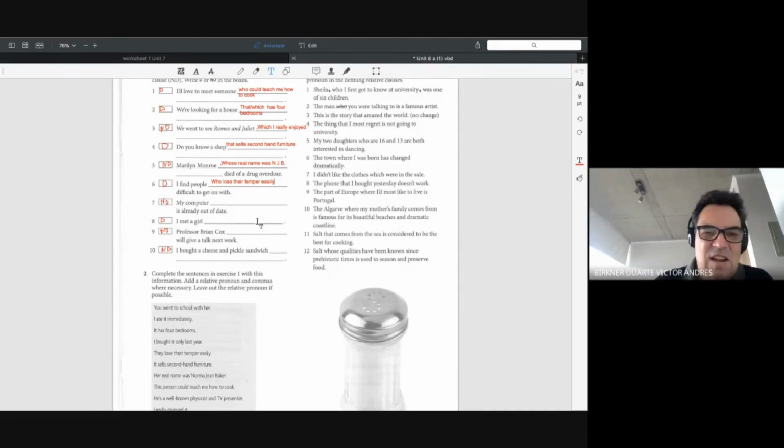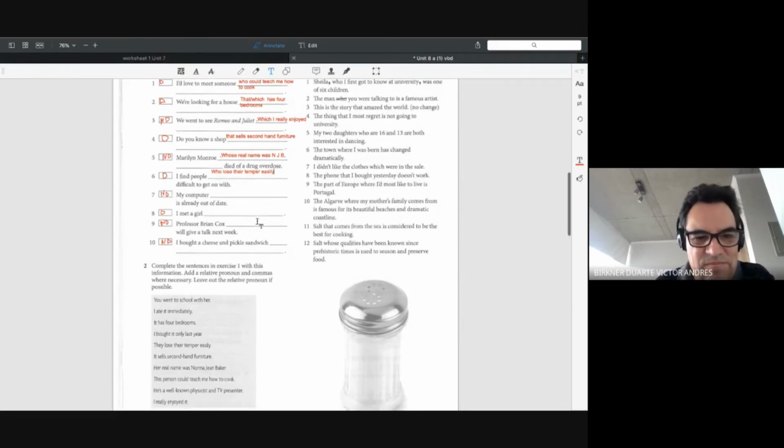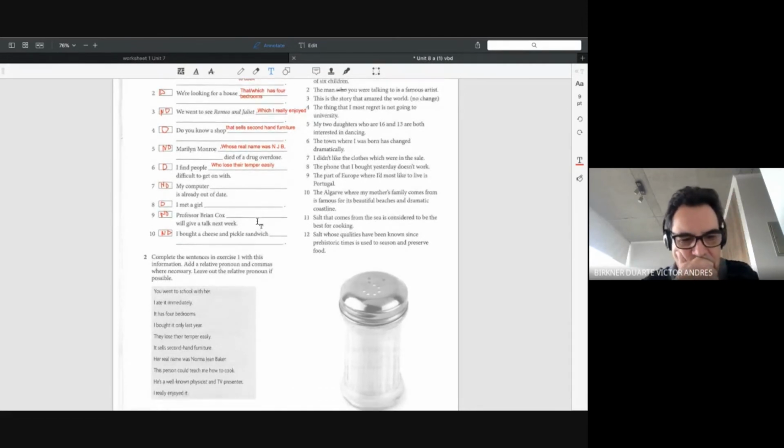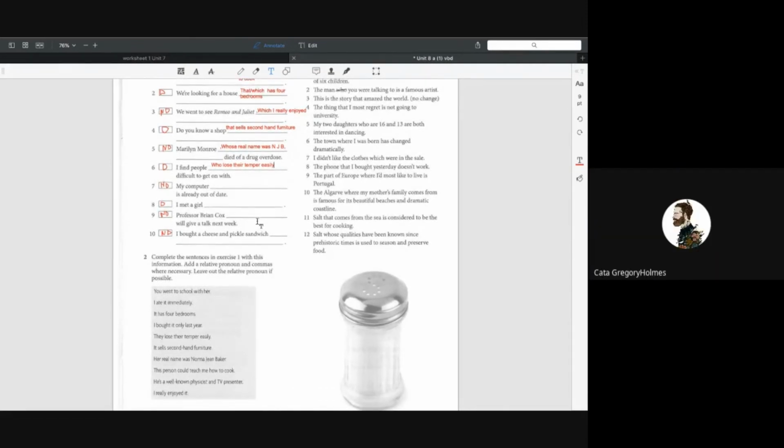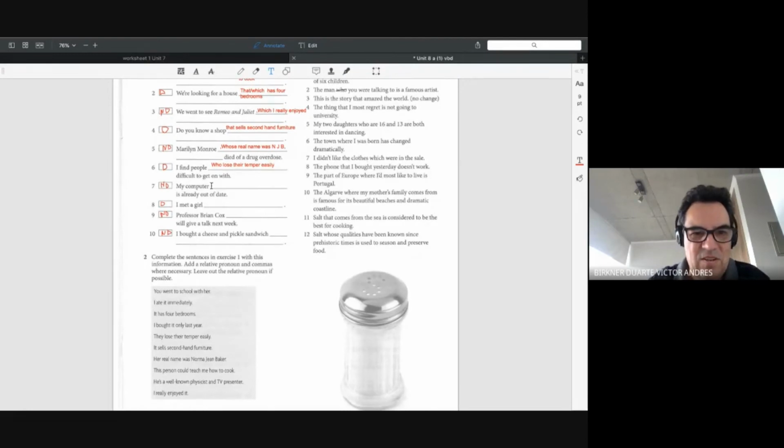Right. Number 7, my computer is already out of date, which I bought last year. All right. Do we need something else? Yes, the comma.